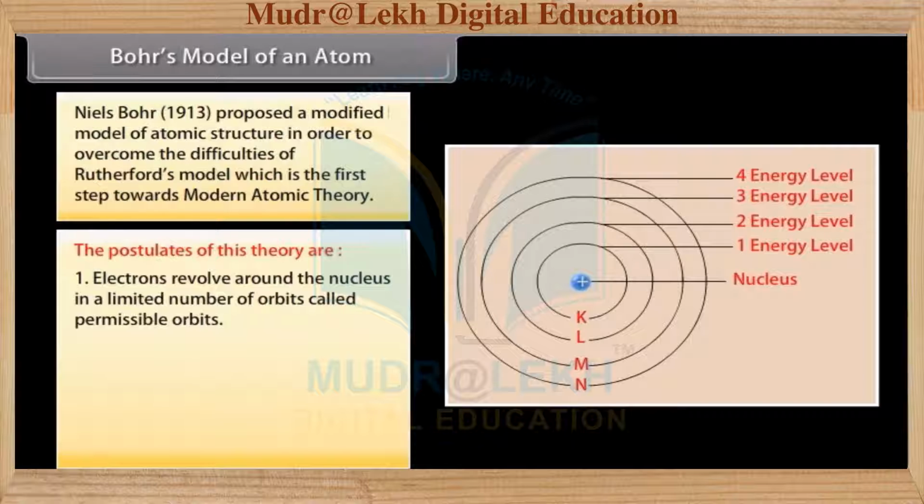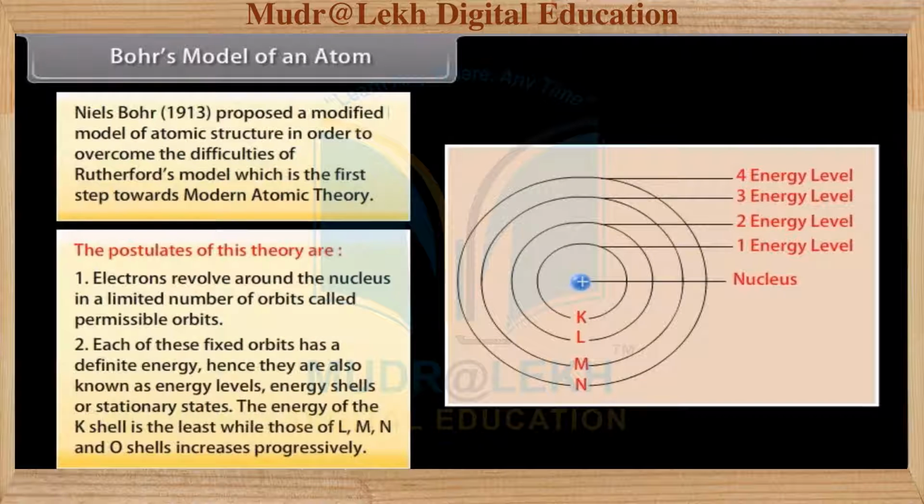Electrons revolve around the nucleus in a limited number of orbits called permissible orbits. 2. Each of these fixed orbits has a definite energy, hence they are also known as energy levels, energy shells, or stationary states. The energy of the K shell is the least, while those of L, M, N, and O shells increase progressively.